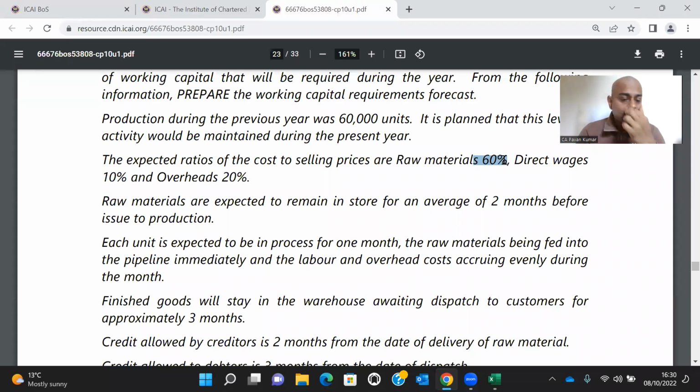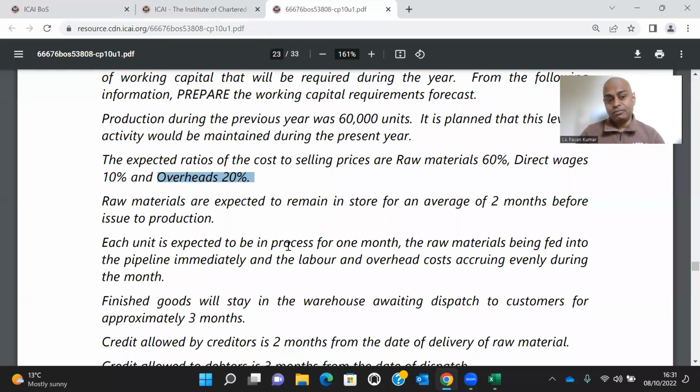What will be direct wages? Calculate and tell me. 5 rupees into 10%, 50 paise, 0.5, correct. What will be overheads? 1 rupee, correct.